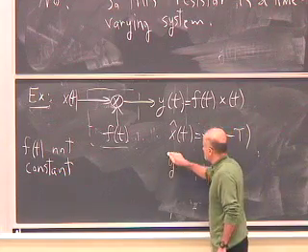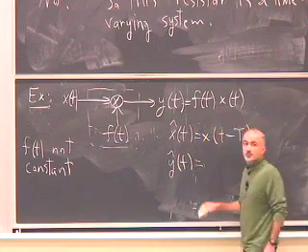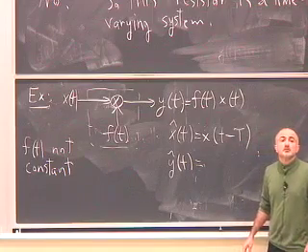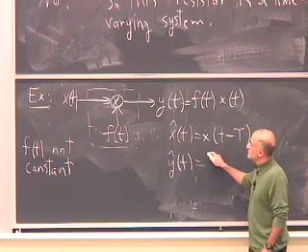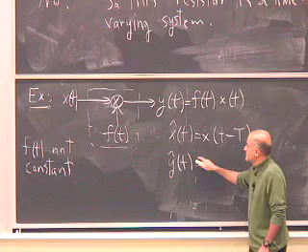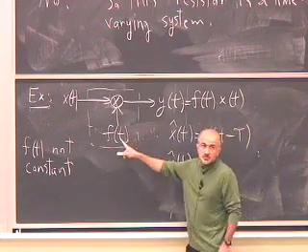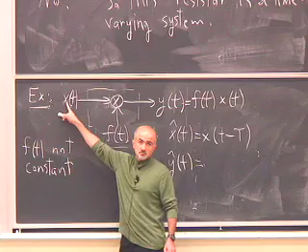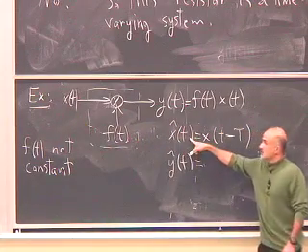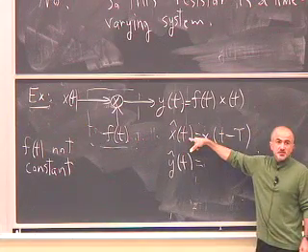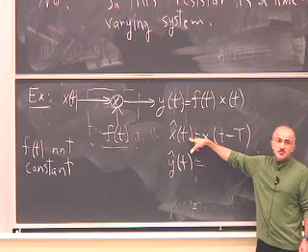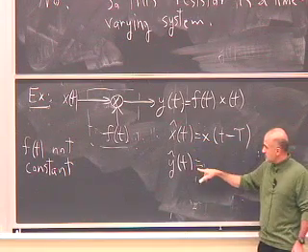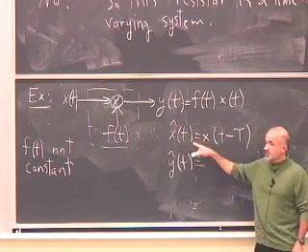Corresponding y hat is... wait. This system takes any input signal you give it, in this case x hat, and multiplies it by f of t at any instance in time. So how is y hat related to x hat?